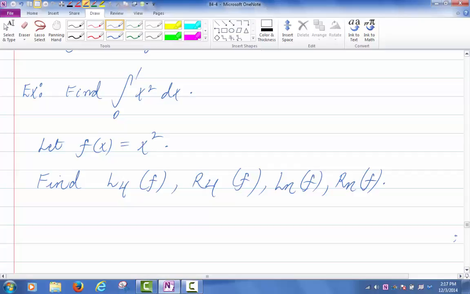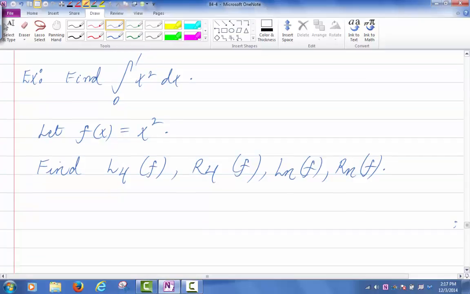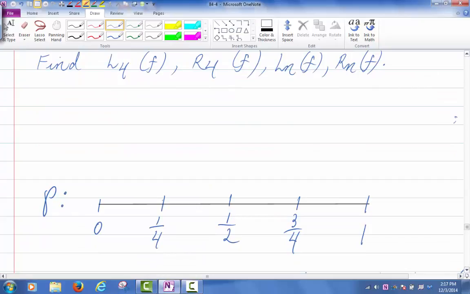So let's see how we can compute L4. I have the interval from 0 to 1. I want to divide it into 4 subintervals of equal length. What would be the length of each one then? The total length is 1, and I have 4 subintervals of equal lengths, so the length of each one would be a quarter.